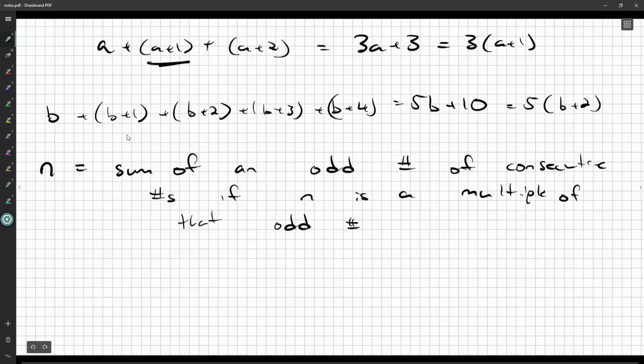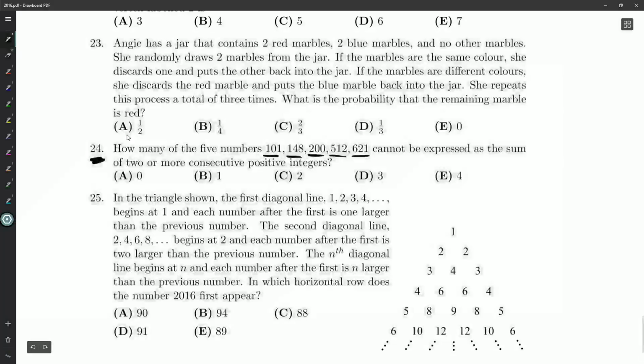Now, they were asking for consecutive positive integers, and that might mess things up, because you'll notice nothing in my formulas assumes that a or b is positive. So that won't work for 101, because it's a prime.